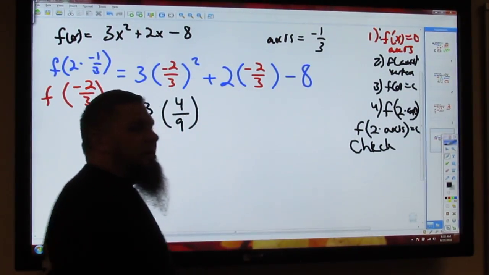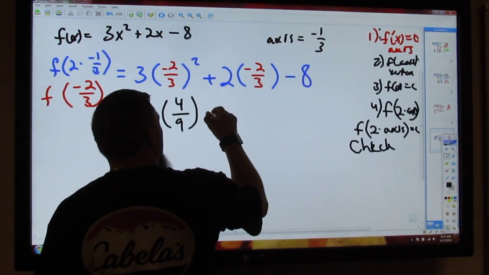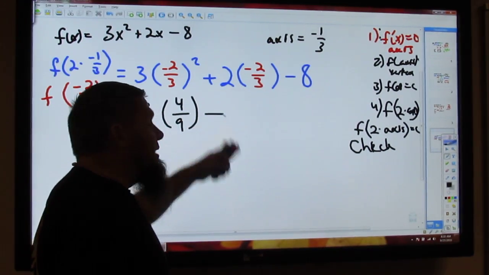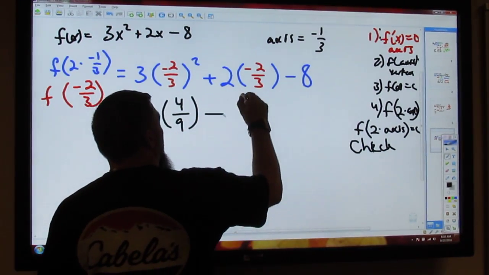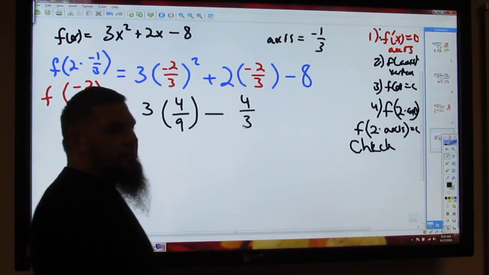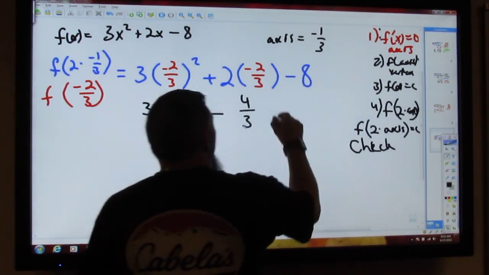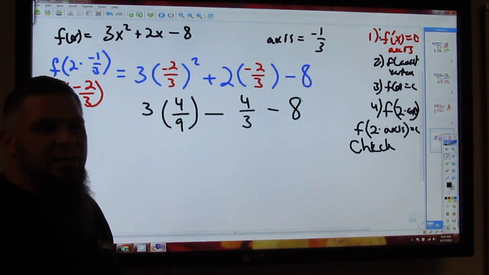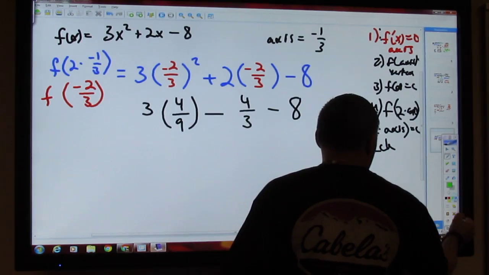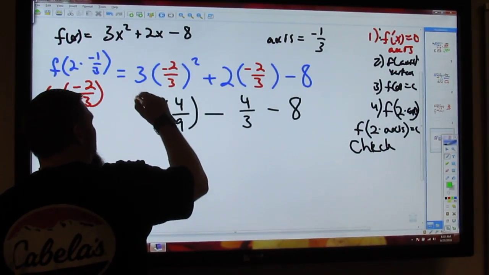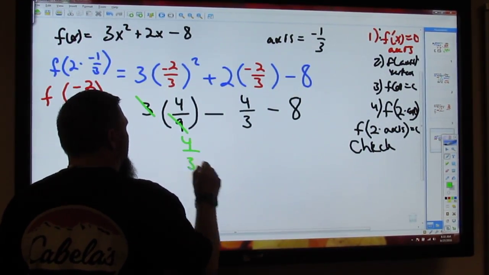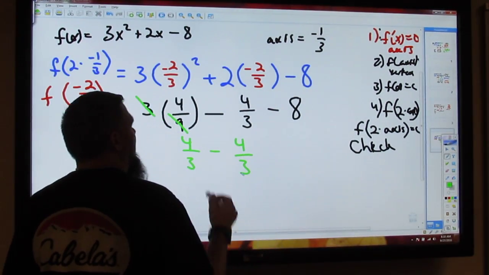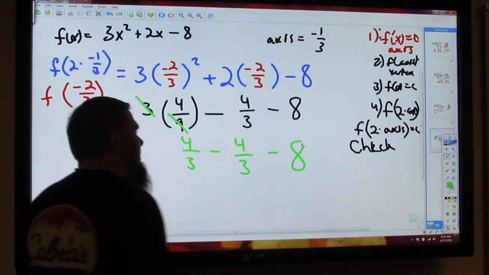What is 2 times negative 2/3? Negative, right? Because a positive and a negative make a negative. 2 times 2 is 4/3, right? Minus 8. Well, can this 3 cancel out the 9? Sure. So I get 4/3 minus 4/3, minus 8.